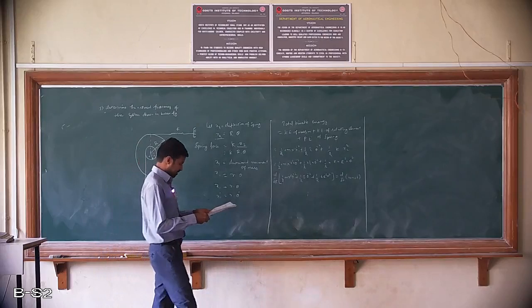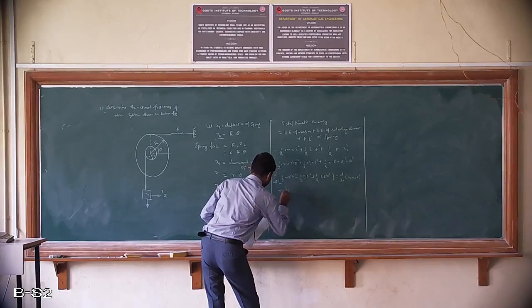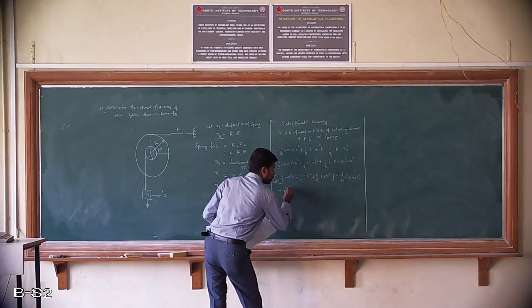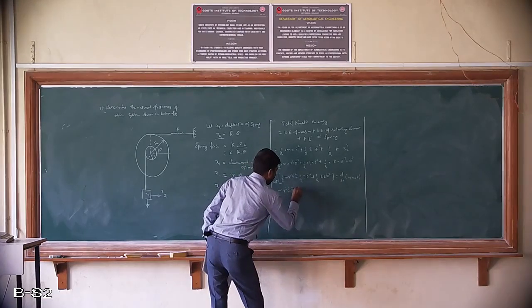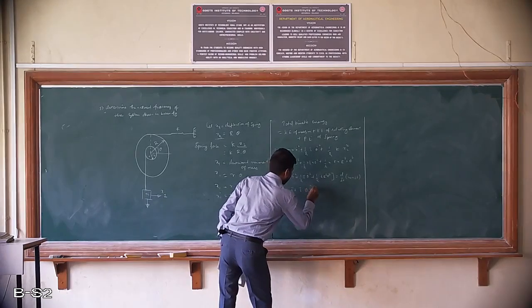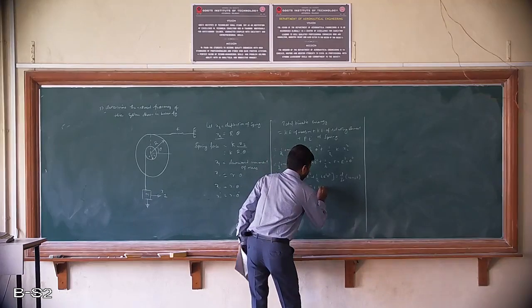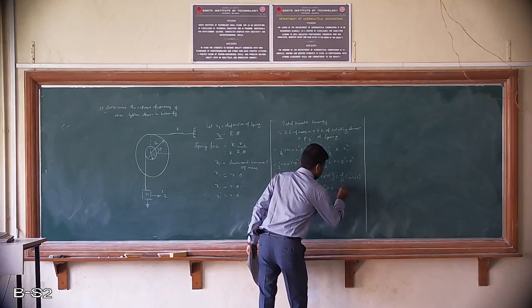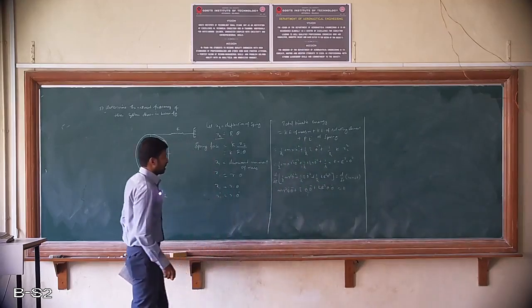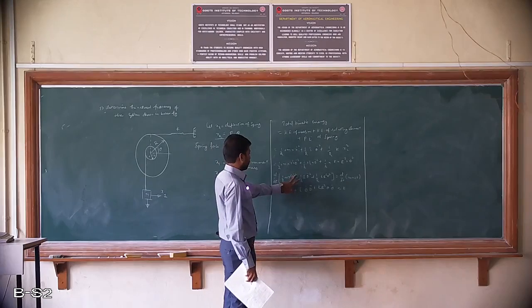So after differentiating, we are going to remain with m r square theta dot into theta double dot plus I into theta dot into theta double dot plus k into r square into theta into theta dot is equal to 0. The theta dot square differentiation is 2 into theta dot into theta double dot.